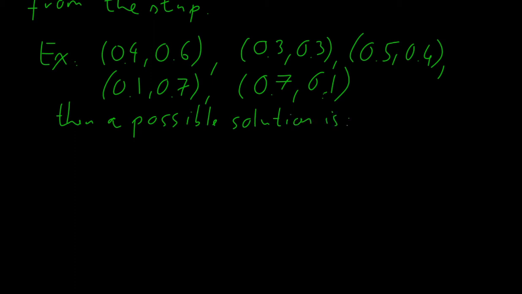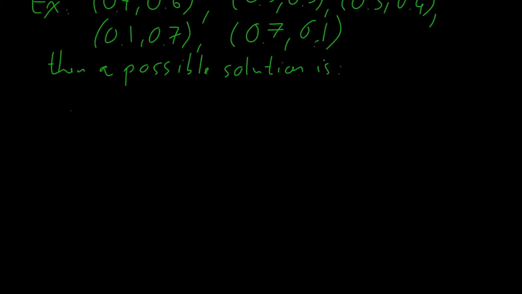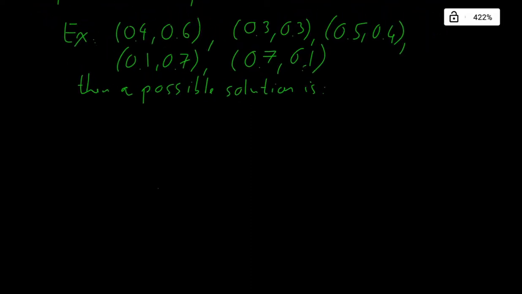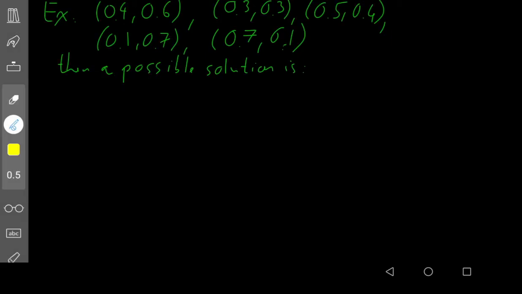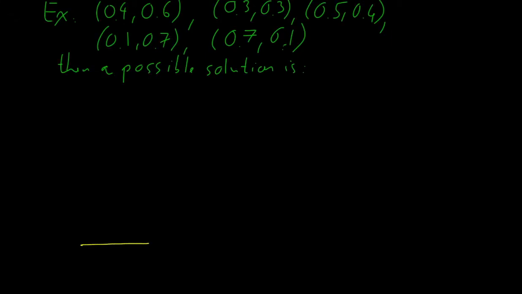is the following. So what you do is you just take a unit width and possibly infinite height strip, and you just have to arrange these rectangles onto this strip.